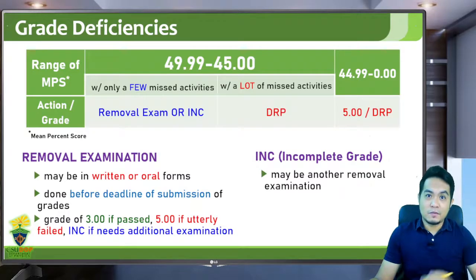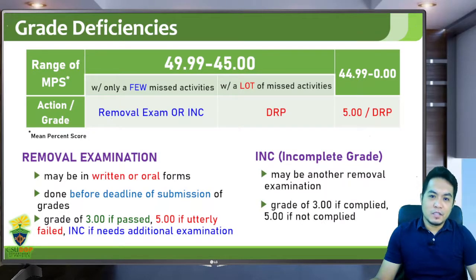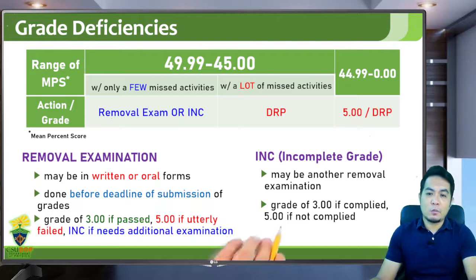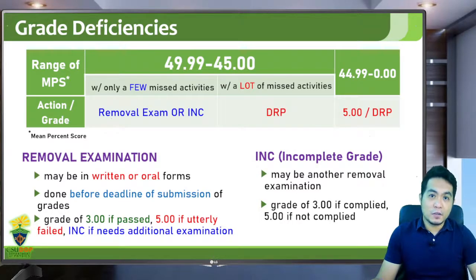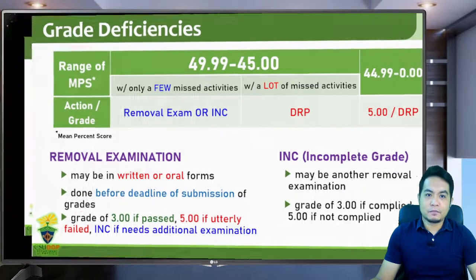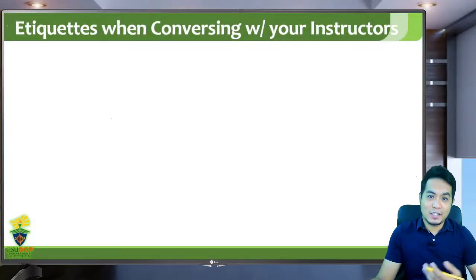That depends on my discretion. A grade of 3 will be given to you if you have completed the requirements of your INC grade, but you will have a grade of 5 if you are not compliant. We'll follow the standard protocols in the university for completing an INC grade.